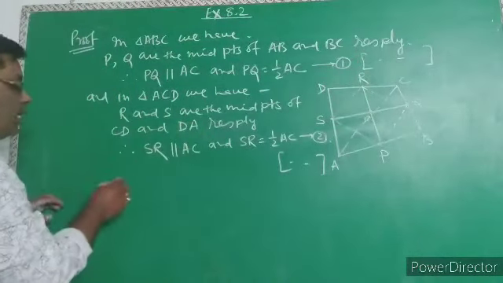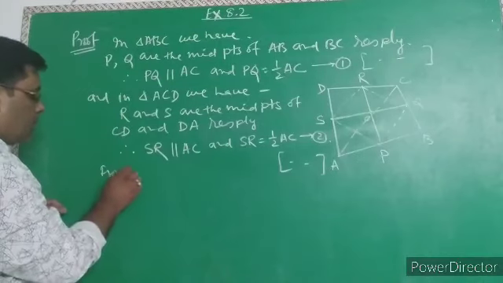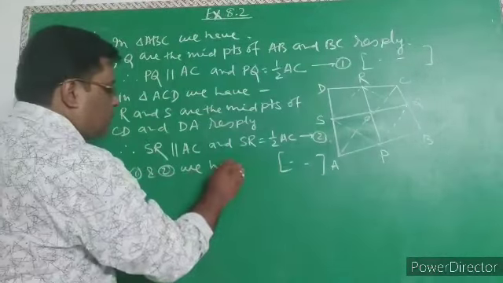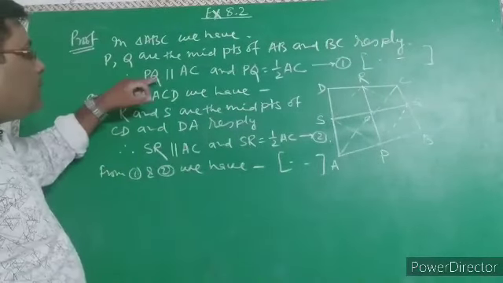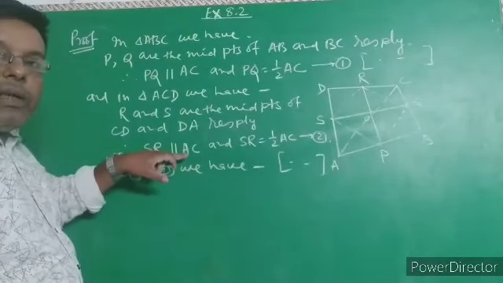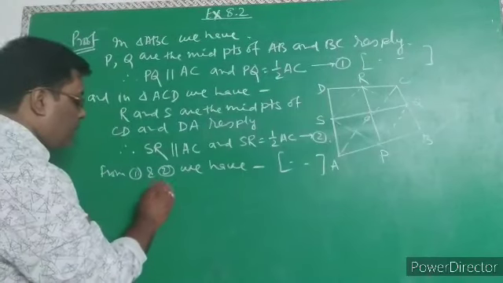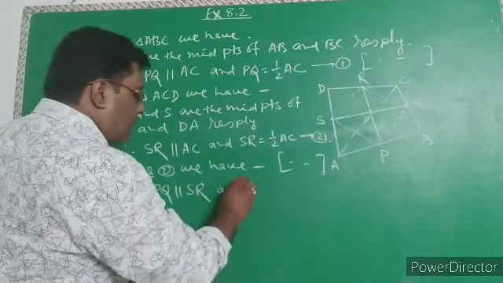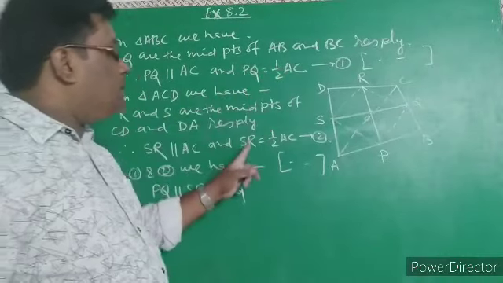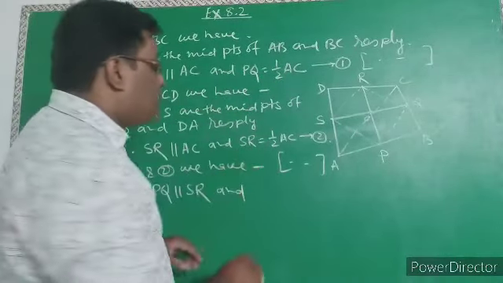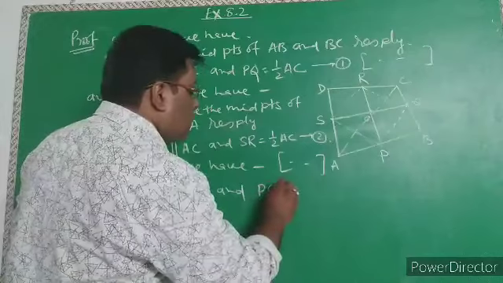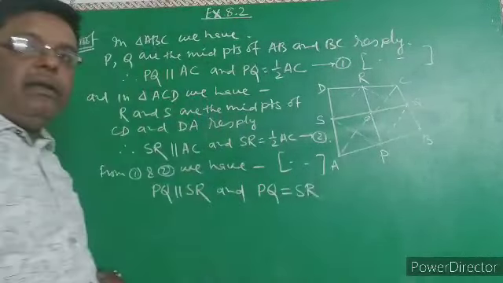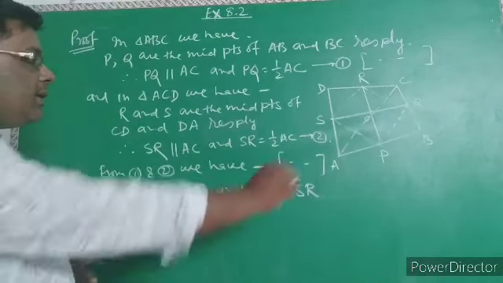So from 1 and 2 we have PQ is parallel to AC and SR is also parallel to AC. That is, PQ is parallel to SR, and PQ is equal to half of AC and SR is also half of AC. That is, PQ and SR are equal.